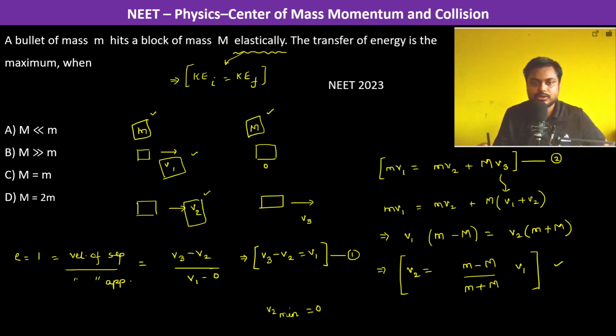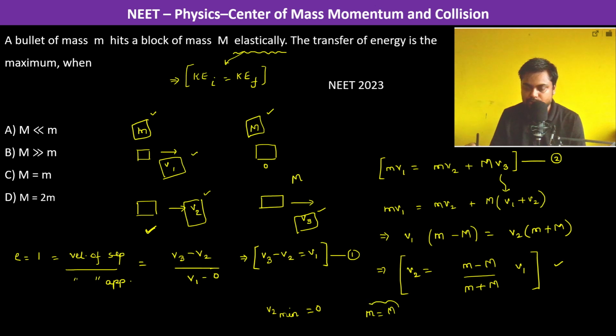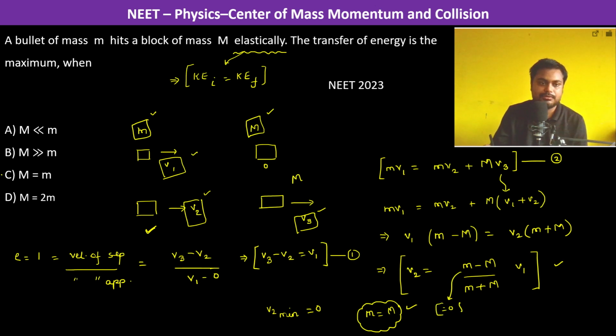Since the kinetic energy final is a fixed quantity, which is half m v1 square, if it is least possessed by small m, then maximum will be possessed by this capital M. So v2 min is equal to 0. There m is equal to M. For this to be 0. So therefore, again C is going to be the option.